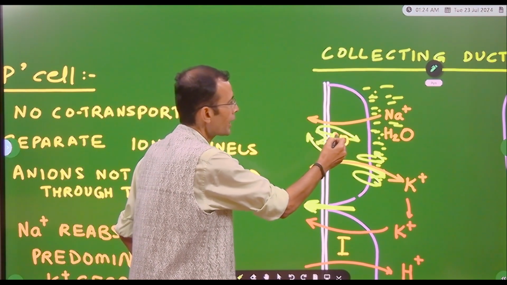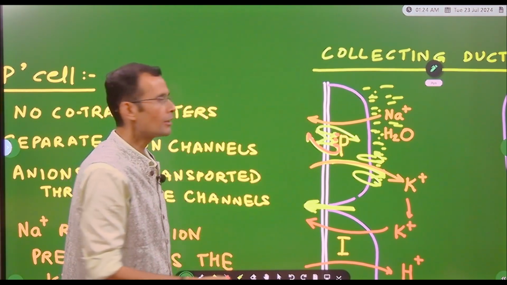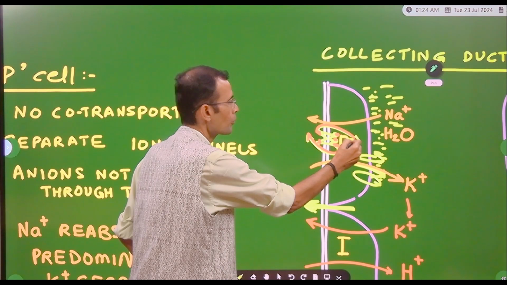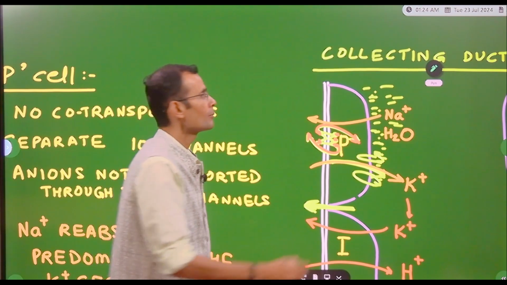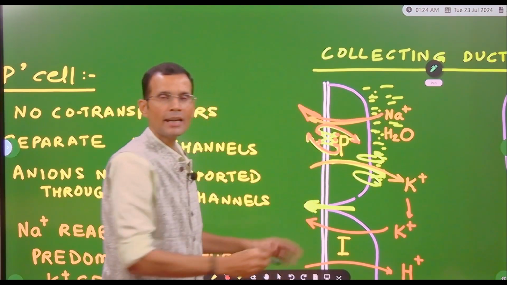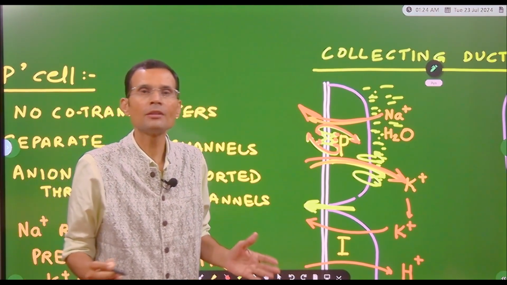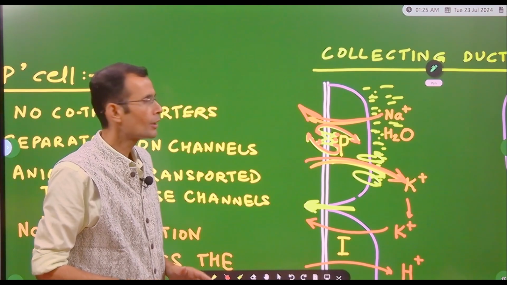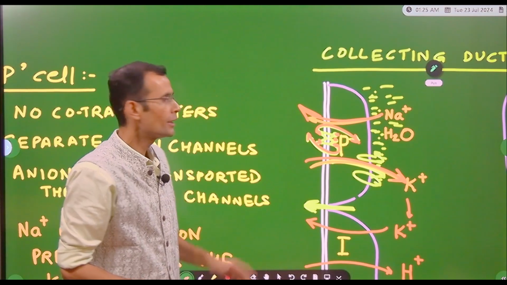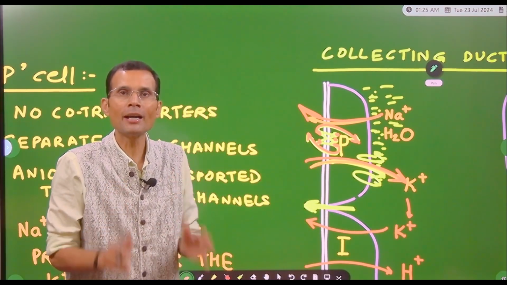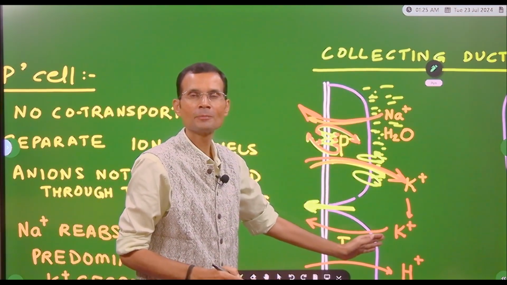The sodium potassium pump removes 3 sodium ions from inside the cell and sends them into the blood, and only 2 potassium ions are brought in, which means by virtue of the activity of this pump, more sodium is reabsorbed as compared to potassium secretion. Isn't it? That's the fact we already know. Now, because sodium reabsorption is greater than potassium secretion, there is going to be a deficit of positive charges in the lumen.